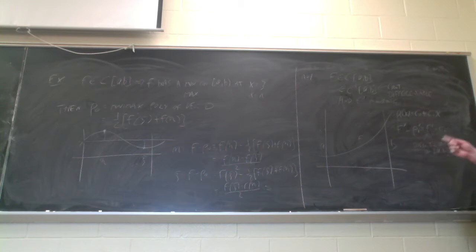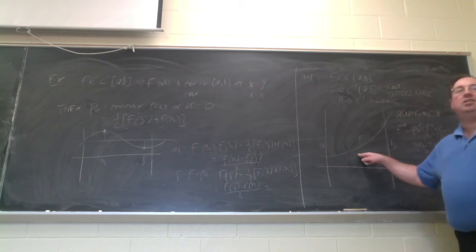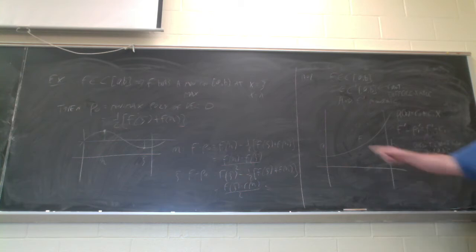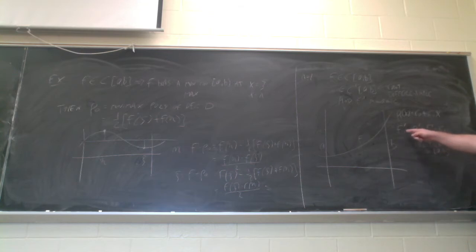So if we're trying to find the maximum or minimum of the error, we cannot get them from critical points in here alone. Where else do you find maximum and minimum, like in Cal 1? You look at critical points, and where else? The endpoints, A and B. This is why the assumption of f prime being monotonic is important.